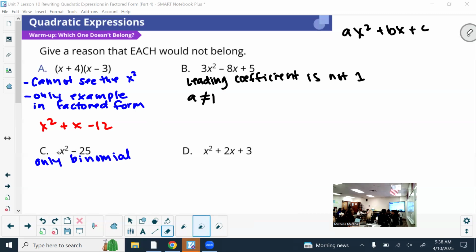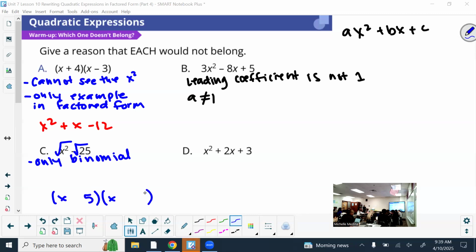So yesterday we talked about how you check for GCF first. There's no GCF between these two terms. But is it a difference of squares? Is there a minus sign in between them? Are they perfect squares on each side of the minus sign? What's the square root of x squared? And what's the square root of 25?